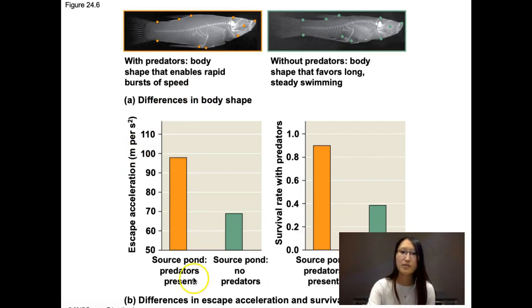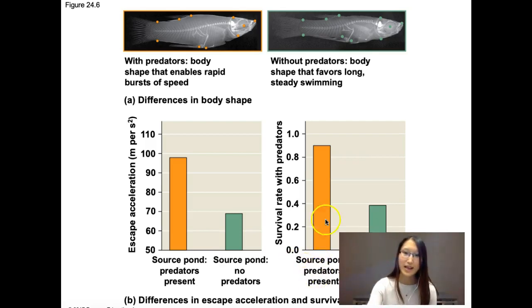So if you look at the bottom graph, it shows you some data that the scientists have collected. On the left side, we have the escape acceleration. So this shows you the phenotype and the actual result of having a specific phenotype. So the orange fish, which came from the pond with the predators, escape a lot faster than the fish from the pond with no predators.